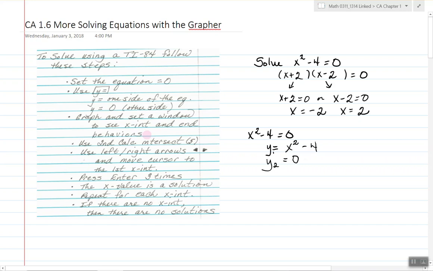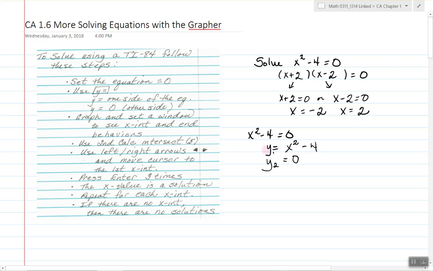Something that's very helpful, and we may not really be there yet, is to know when you're looking at this relationship, y1 is equal to x squared minus 4, what kind of shape will it have?